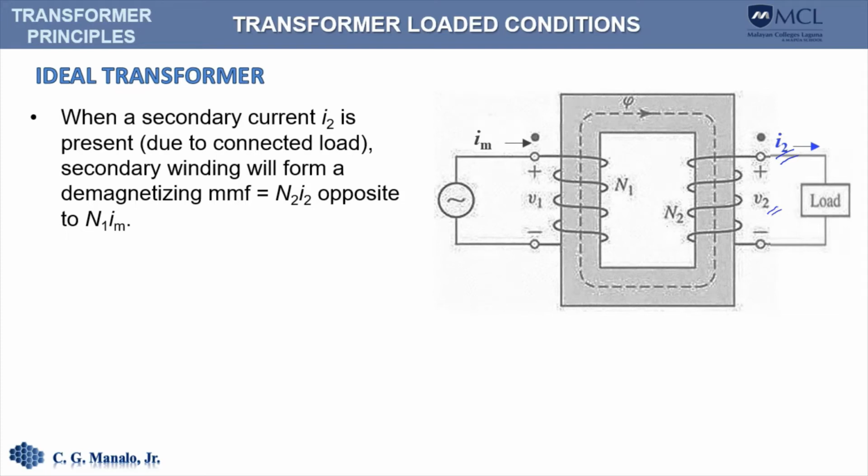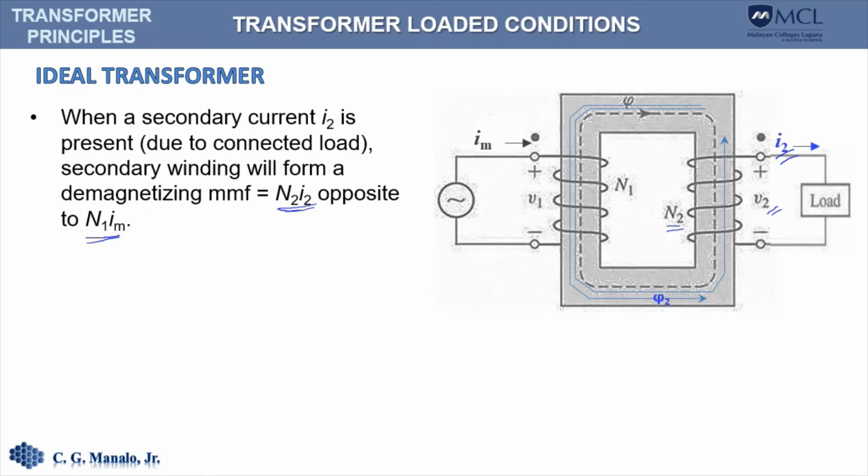This current will combine with the number of turns N sub 2 to form an MMF, N sub 2 I sub 2. This MMF will produce a flux inside the core, which is opposite to the flux that is already there, that was produced by the MMF coming from the primary winding.